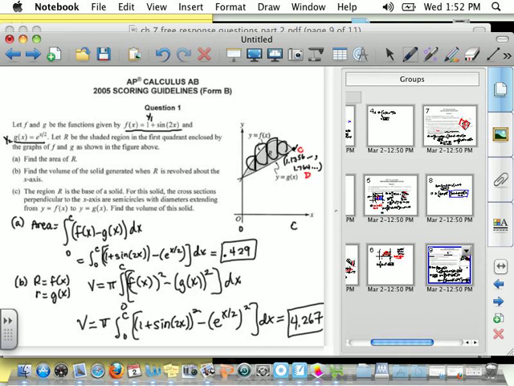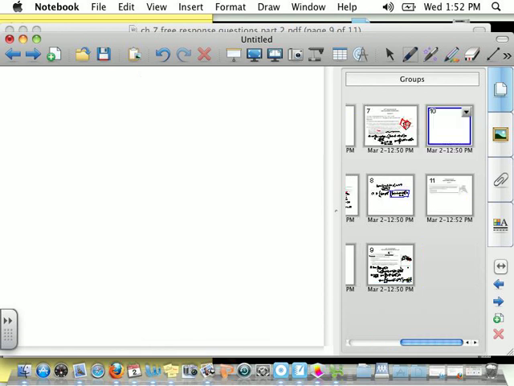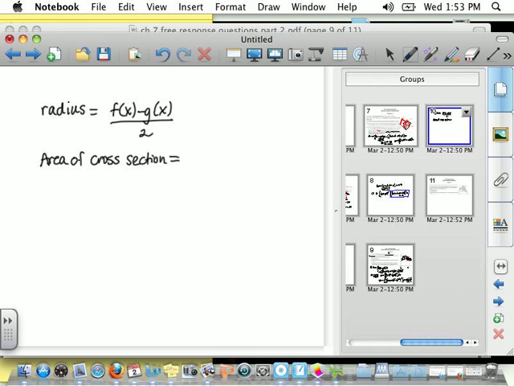So let's go to the next page here. So your radius is f of x minus g of x divided by 2, because that was the diameter, f of x minus g of x. All right, so my area of each cross section is pi times my radius squared, and then times 1/2.